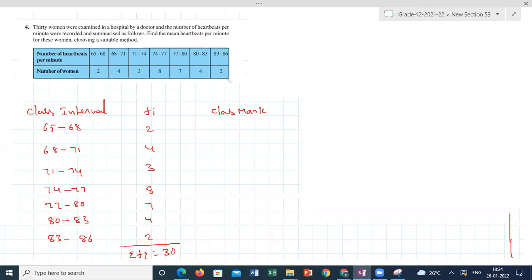Can anyone give the list of the class mark values? Students, please, I'm requesting you, can you give the class mark values?